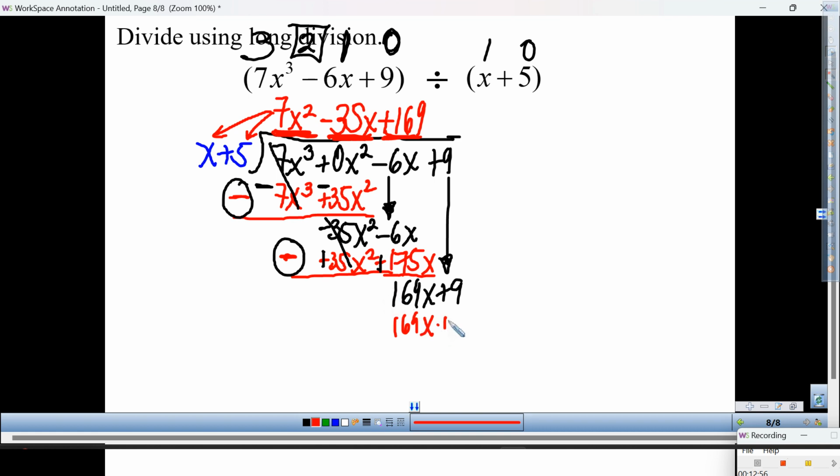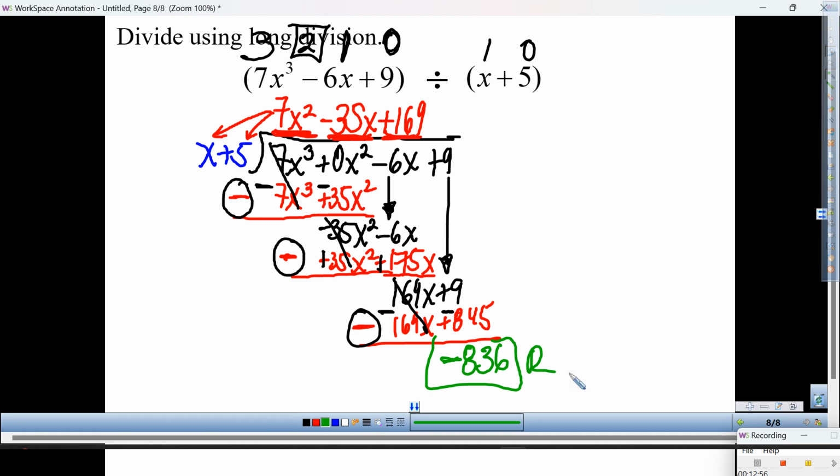Let's go. 845. Subtract, which means you circle it, distribute here, distribute there, this cancels. So, what is 845 negative and a positive 9? That's negative 836. And that's our remainder.